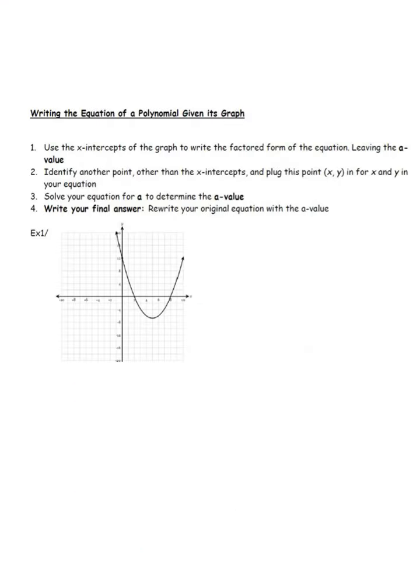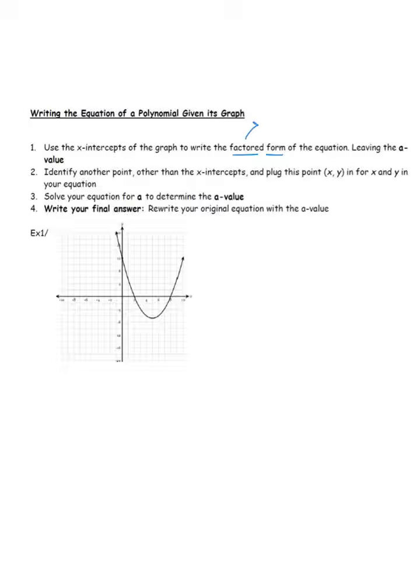All right, now we're going to put everything together and actually write the equation of a polynomial given its graph. So I have 4 steps here to do this. We're just going to walk through the steps with an example. The first step says to use the x-intercepts to write the factored form of the equation, and to leave the a value.